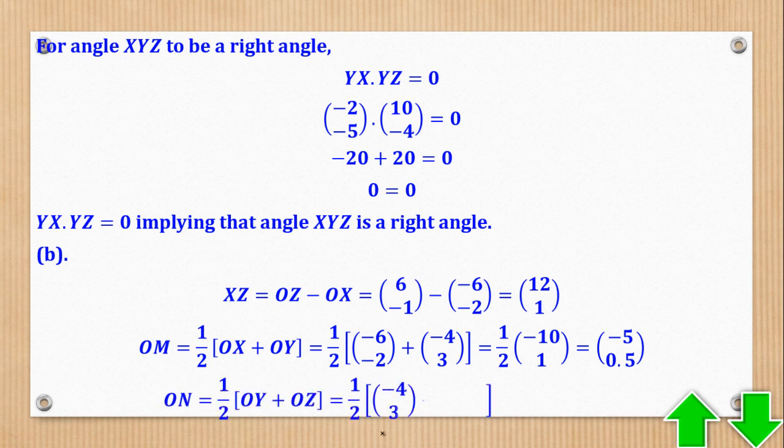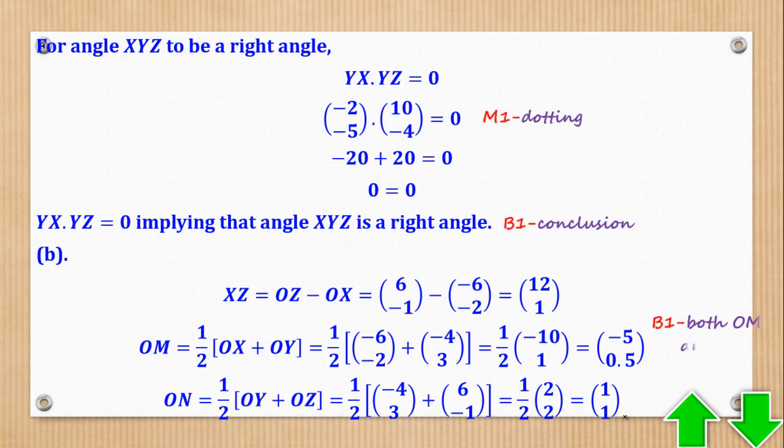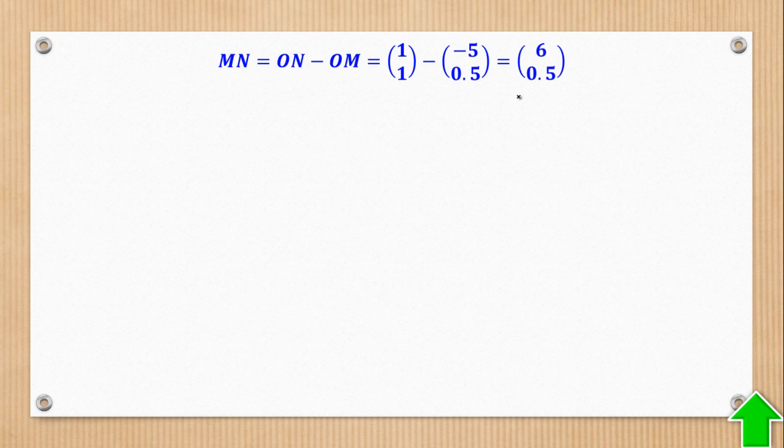Then also N is the midpoint of YZ, so you get the average of the two vectors to give you this. So I have OM and ON, so I can get now MN. Therefore, I come here and get the vector MN, which is ON minus OM.